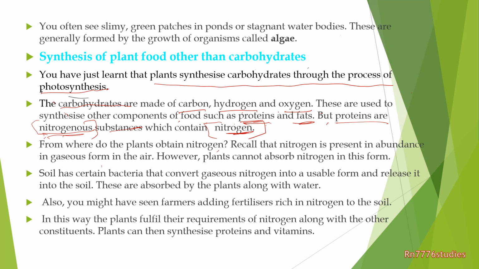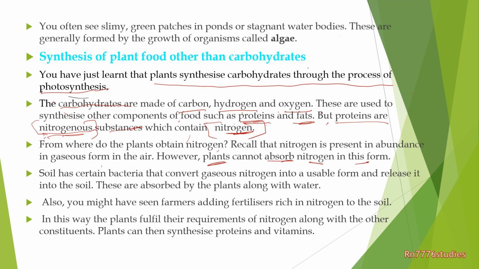So soil has certain bacteria that convert gaseous nitrogen into a usable form and release it into the soil. These are absorbed by the plants along with the water. So, from where do plants obtain nitrogen? It is in gaseous form in the air. However, plants cannot absorb nitrogen in this form.